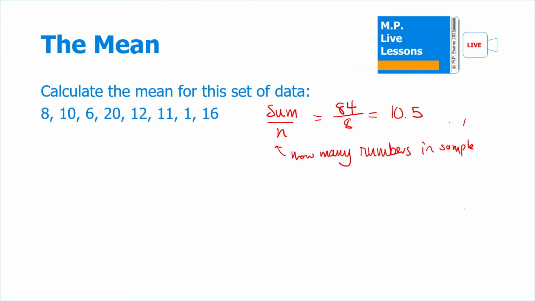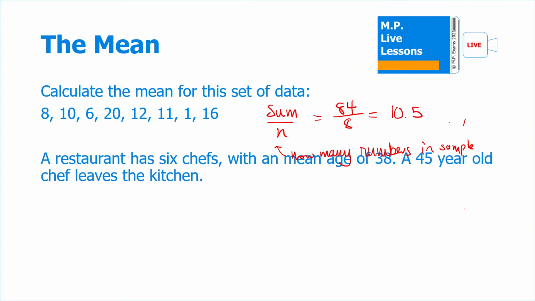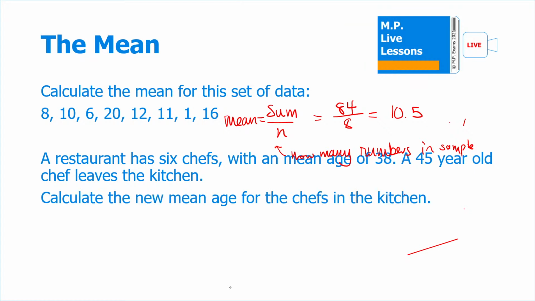Now, this would probably be presented in a problem like this. Let's say a restaurant staff has 6 chefs with a mean age of 38. Now, a 45-year-old leaves the kitchen, so one of the chefs is 45 and leaves, and we need to calculate the new mean age. The old mean was 38.